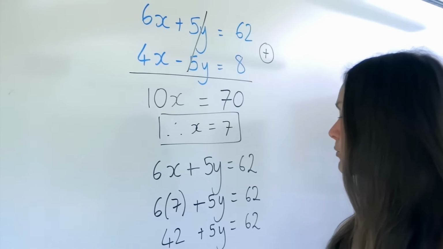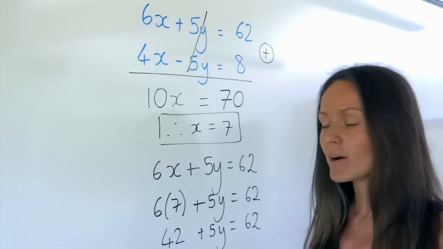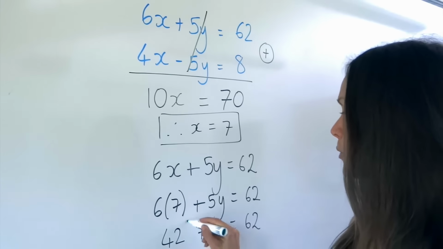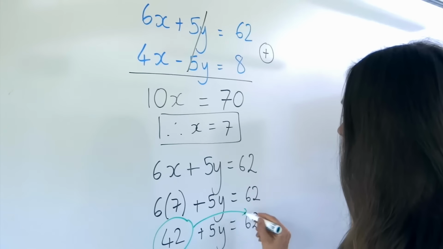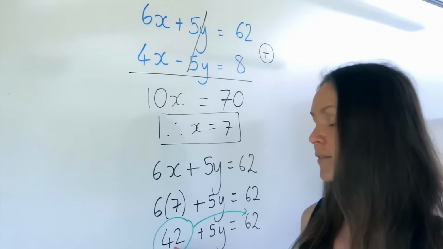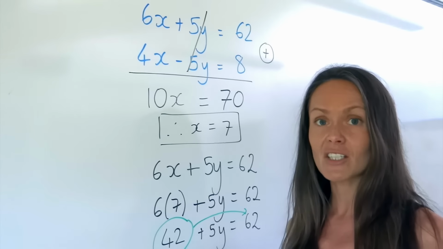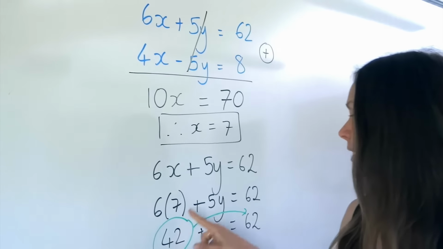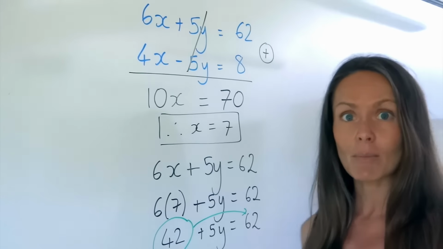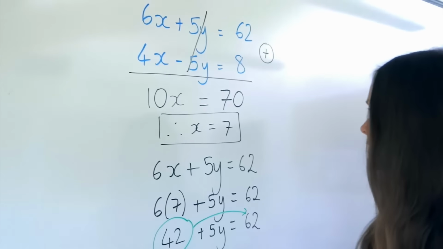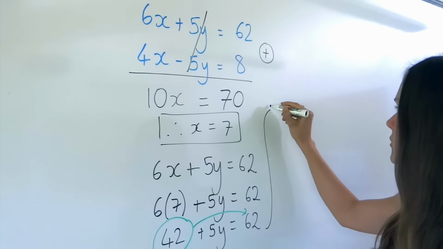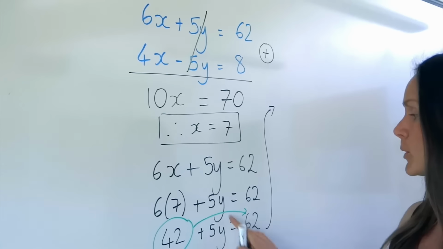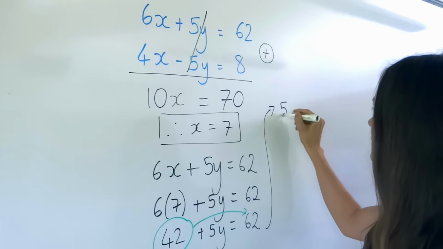And now I need to rearrange this equation to get y by itself. So I need to move this number 42 to the other side. Remember, when things move across the equal sign, they change sign. So this used to be positive 42, but when it moves over to the right-hand side, it becomes negative 42. So I'm going to carry on writing this solution up here. I'm left with 5y on the left-hand side.